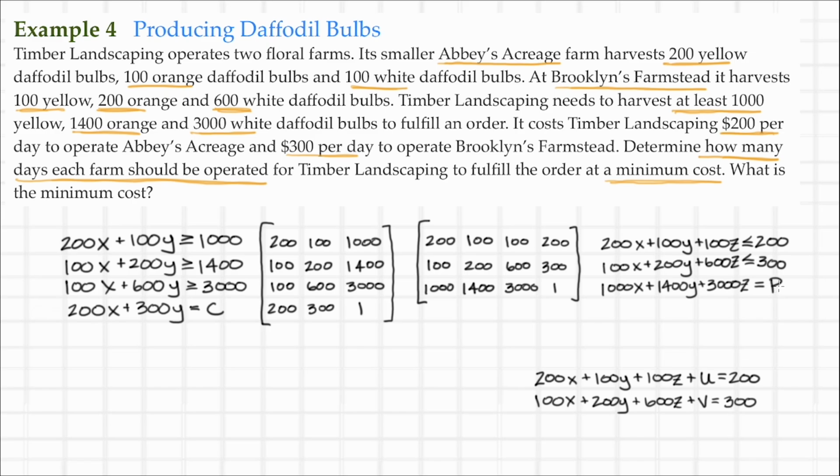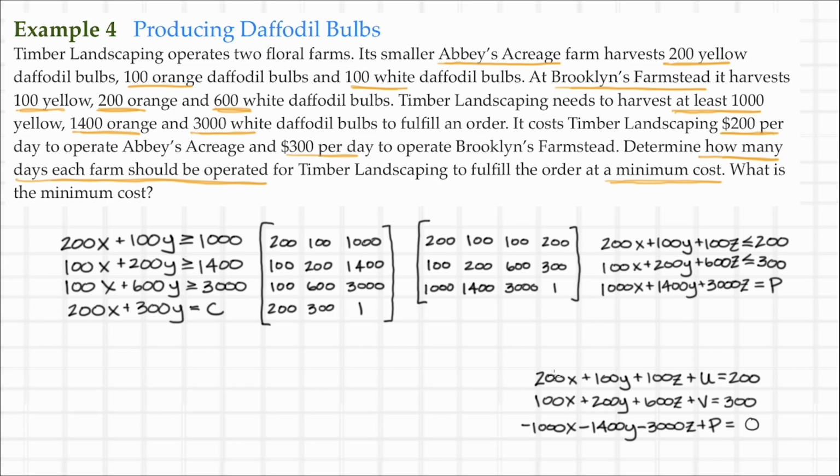Recall that when we introduce our objective function, we want all the variables on one side of the equal sign and 0 on the other. So we'll write this as negative 1000x minus 1400y minus 3000z plus p, equal to 0.